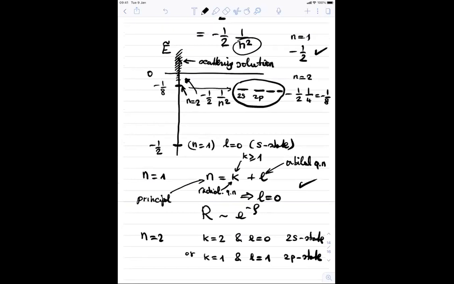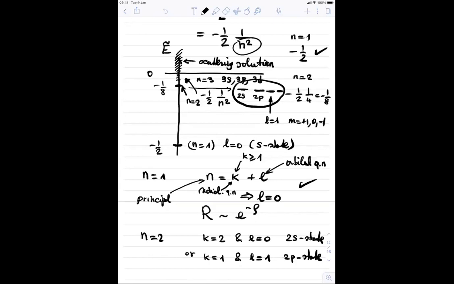There are 4 states that are totally degenerate, because the L equal 1 comes with m equal to +1, 0, and -1, and they are totally degenerate. So the 3 P states. Is it clear? And so on. You can proceed with larger n, and you discover that for n equal 3, you have 3s, 3p, and 3d states.